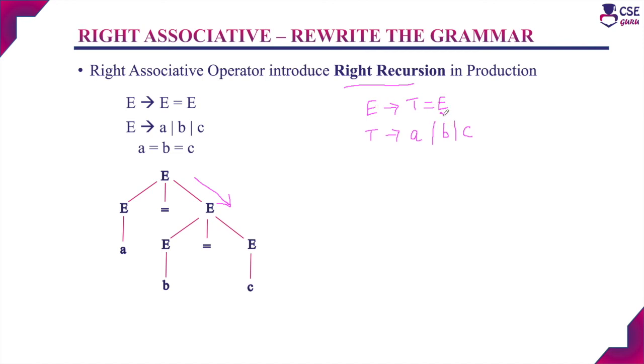So here we have implemented it as a right recursion. For the right associative operator, if we implement a right recursion, we will get the correct evaluation. So to replace this non-terminal E, we can introduce one more production. E derives T equal E or T. T derives A or B or C.